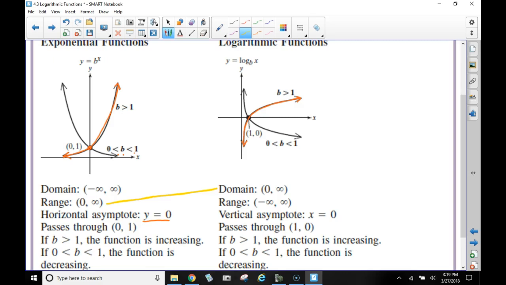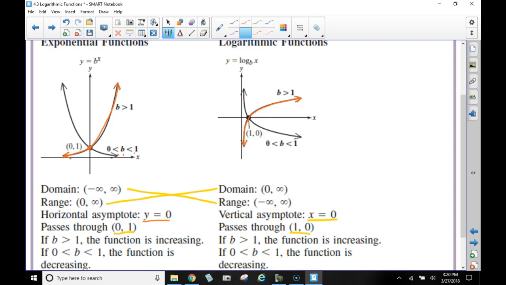That's the same thing as the range of its inverse. And the range of this thing from bottom to top, the range of this thing is all reals, swapped. These have vertical asymptotes at the y-axis. The vertical line x equals 0 is your y-axis. These pass through the point, swap 1, 0.